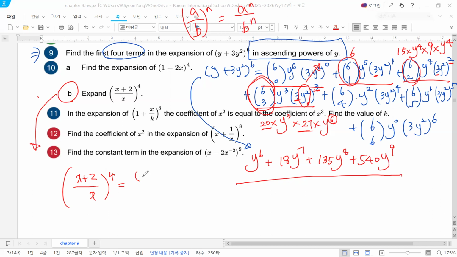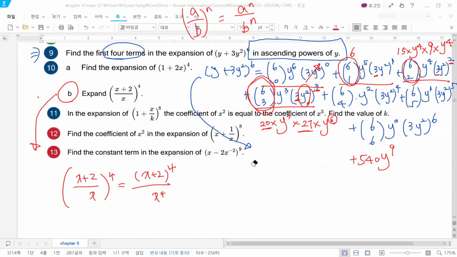Therefore, we can rewrite this as (x plus 2) to the power of 4 over x to the power of 4. I would separate x to the power of 4 in the denominator to the front, which means 1 over x to the power of 4 times (x plus 2) to the power of 4. Can you see they are the same?